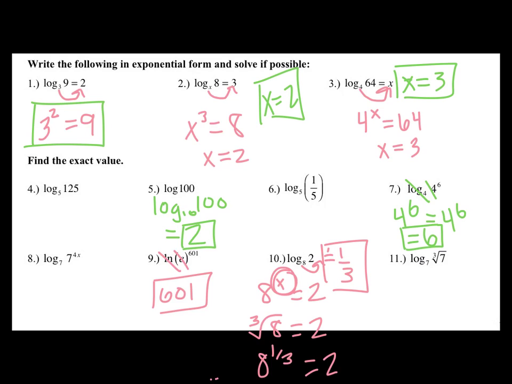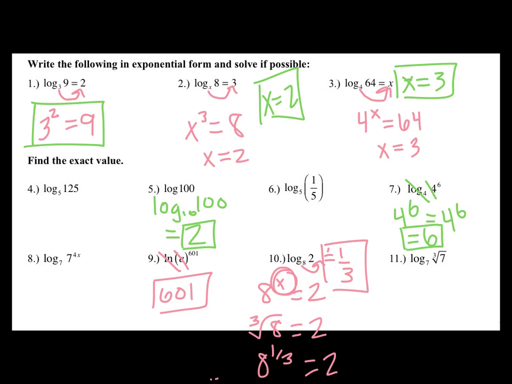The cubed root of 8 would give you 2. Because we're going to a smaller value. The other ones, you were going to a larger value. 3 squared equals 9, so your exponent had to be larger than 1. So, logically, okay, if we're going to a smaller number, then our exponent has to be smaller than 1, a fraction.